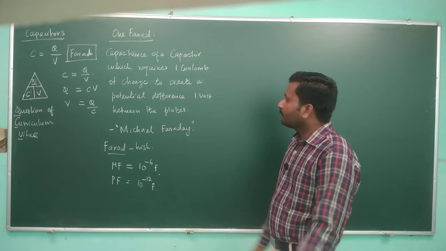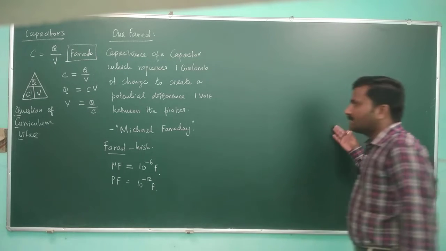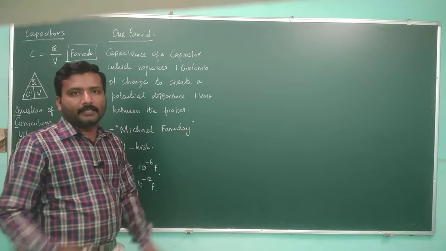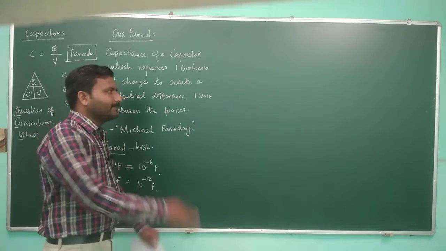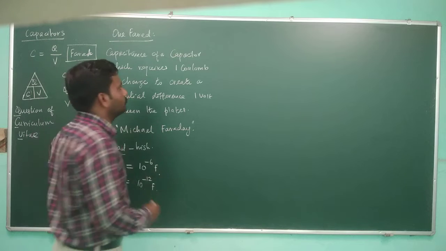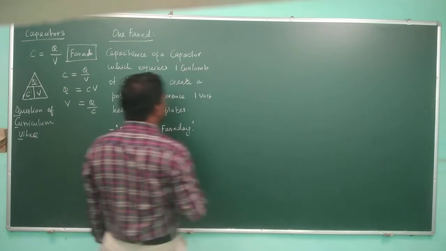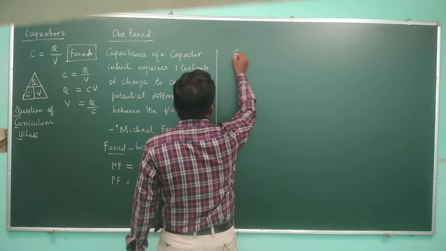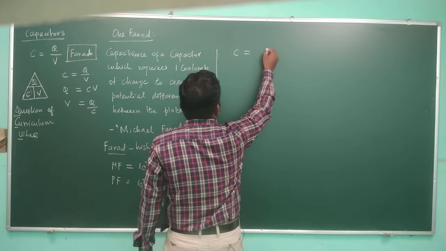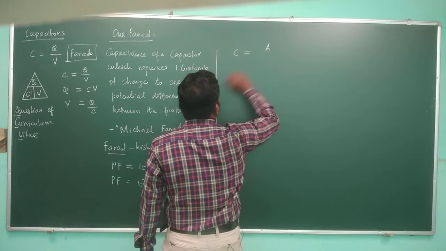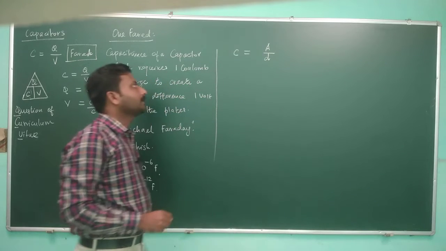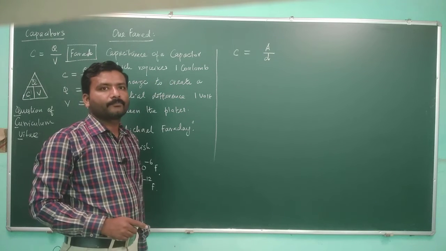Well, earlier we said this capacitance depends upon the area and the distance separating these two plates. We can deduce an equation with that too, right? We can write an equation for capacitance that is directly proportional to the area and inversely proportional to the distance.